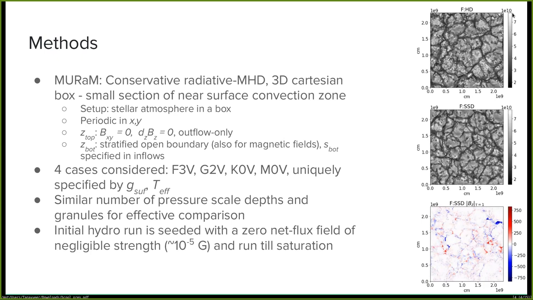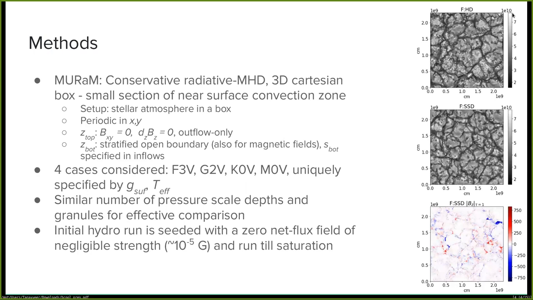Now, to allow for a proper comparison, the number of granules needs to be similar in all the cases we are looking at, and the height of the box should have the same number of pressure scale heights. So for these simulations, I scaled the boxes accordingly. They all have similar resolution related to that scaling.